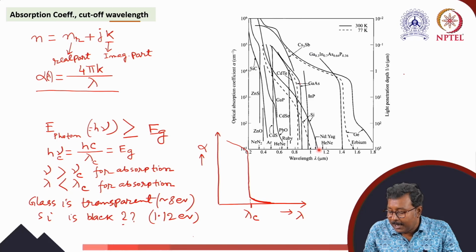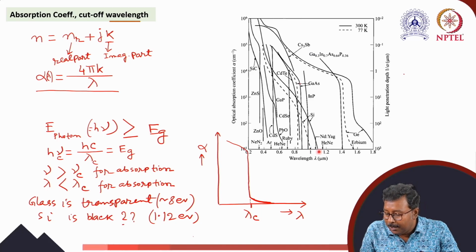Band gap decreasing means nu c will be increasing. Values of nu greater than nu c will be absorbed, so lambda less than lambda c will be absorbed. So lambda c will be more in the case of 300K.